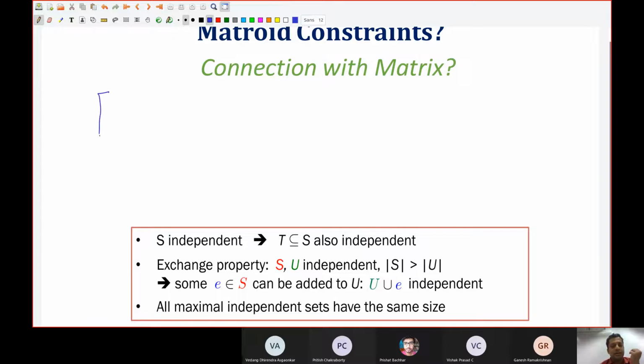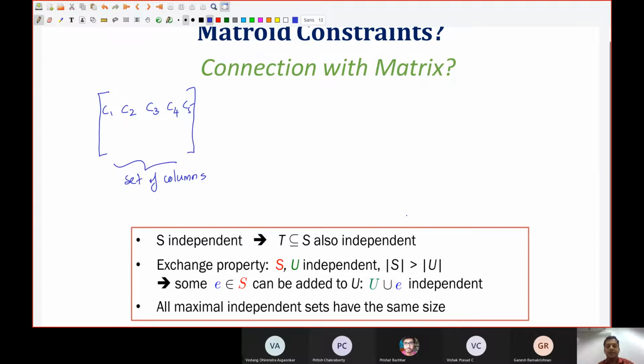We have a matrix and a set of its columns. Think of this as C1, C2, C3, C4, C5. These are the 5 columns of this matrix. Now I'll relate the definition of matroid to this matrix.